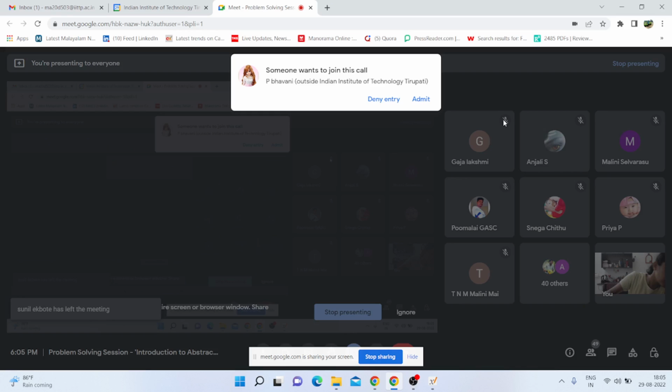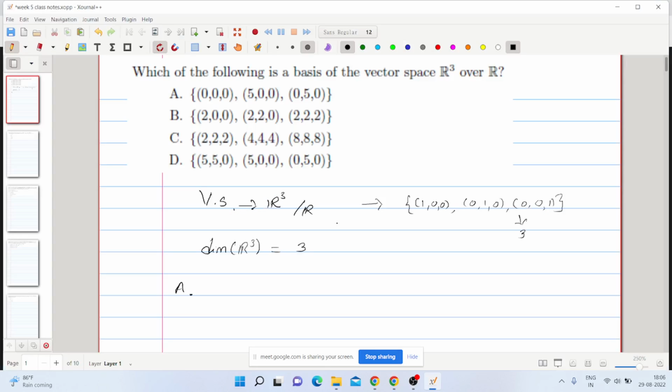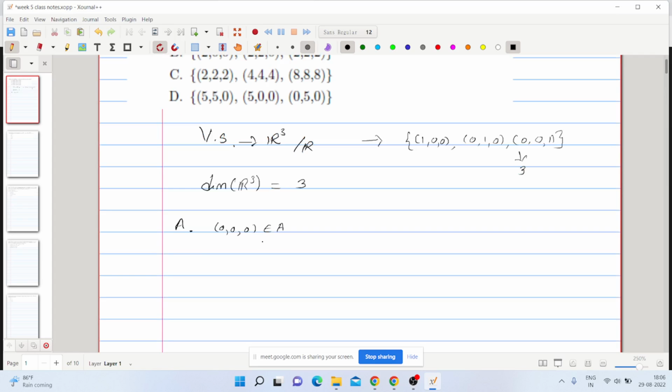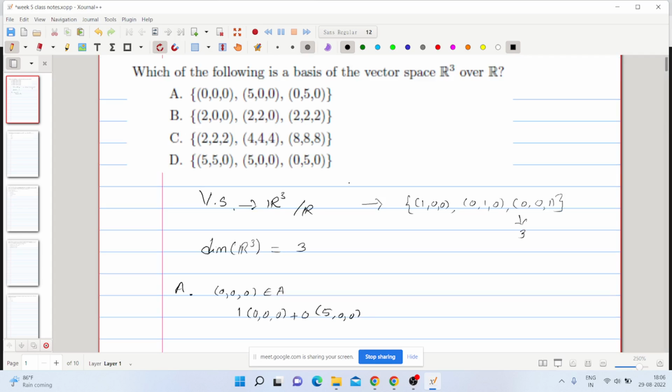Okay. Yeah, here A is not a basis because the element 0 is an element in A, right? This 0 is an element in A, so we can write, suppose, 1 into (0,0,0) plus 0 into (5,0,0) plus 0 into (0,5,0).